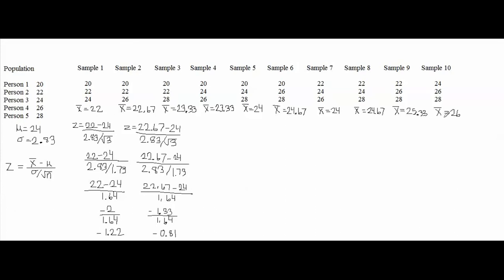Now let's actually skip to this one out here and calculate this z-score. This one will be 26 minus 24 over this right here, the population standard deviation over the square root of the sample size.